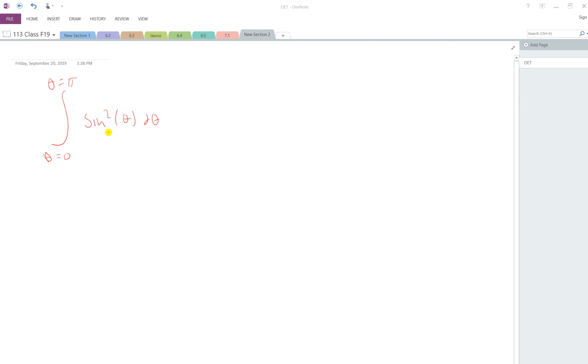I'm going to break this up. I'm going to think about this as sine times a sine. So sine of theta times sine of theta d theta.